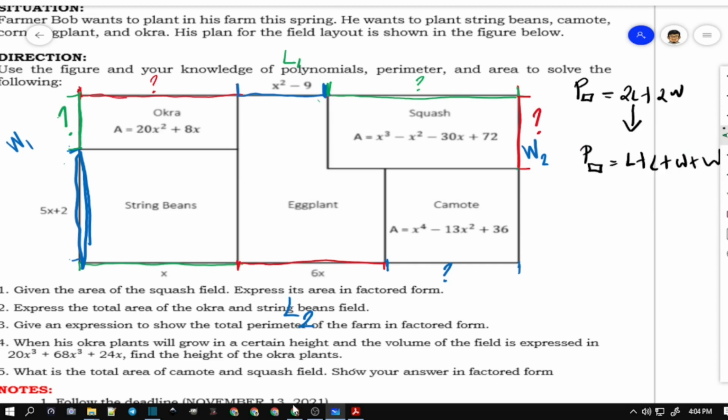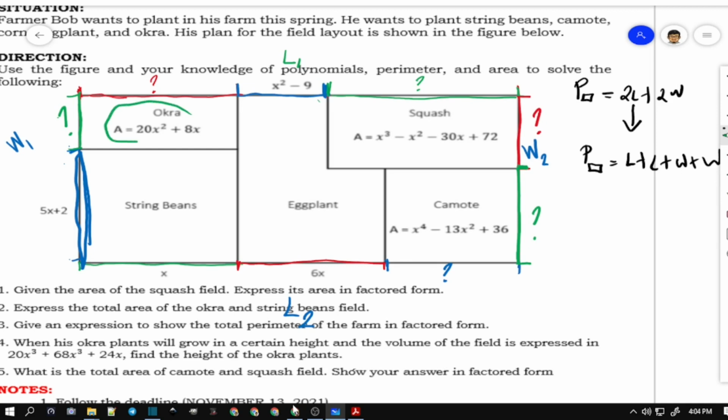And from the edge of the kamote to the edge here, this side is also missing, which represents one of the sides of the kamote. Okay, so for you to get the total sides of the width, you just simply add the missing sides to 5x plus 2 and then the 2 missings. Now question, paano mo makukuha yung mga missing na yan?